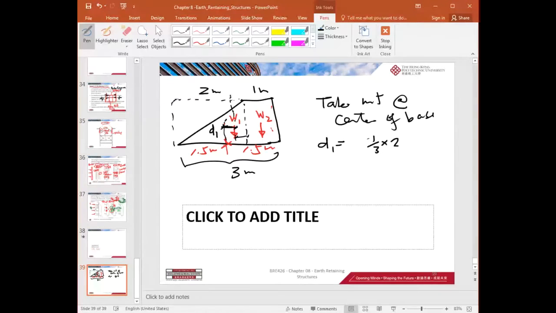The triangle is 2 meters here because it's 1/3, right? So that's 1/3. So that is the M1. So M1, okay. So in order to work out the D1 is equal to what? That is M1, right? M1.